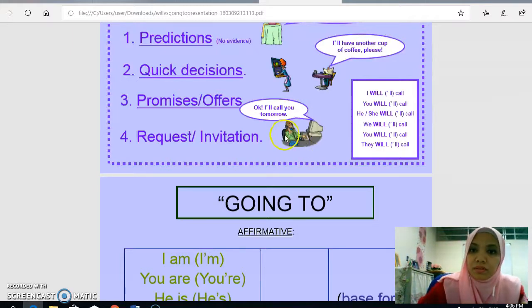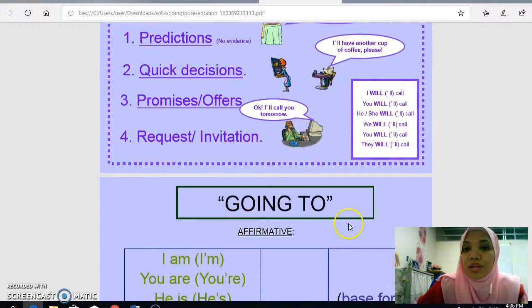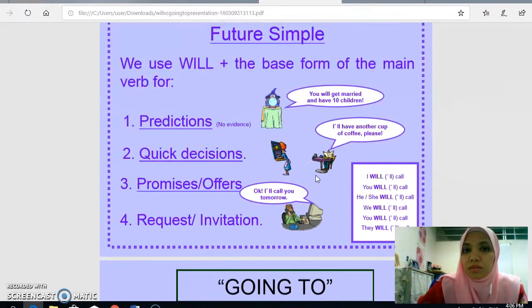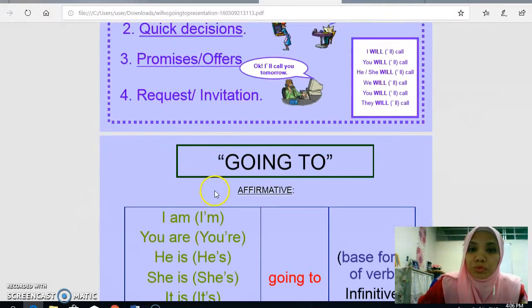So these are the instances where you decide to use simple future tense rather than using going to. These are the 4 usages that I want you to remember, because this will be different compared to when you're using going to.